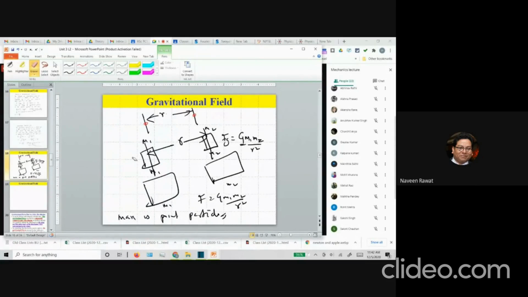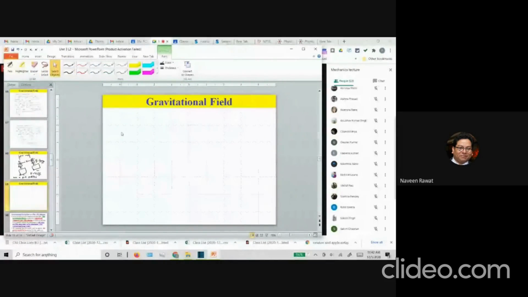Remember, even in the case where we calculated the value of g as 9.81 meters per second squared, we took the force of gravity with the mass of the earth and the mass of the object divided by the radius of the earth squared.